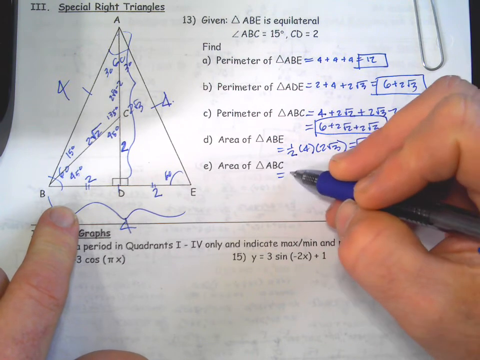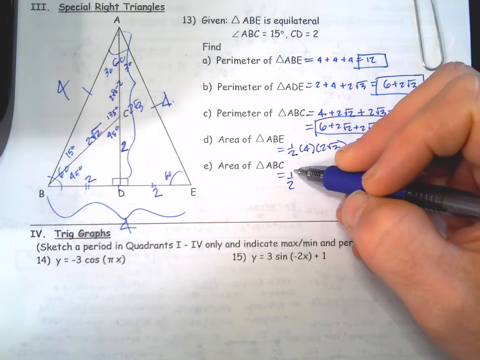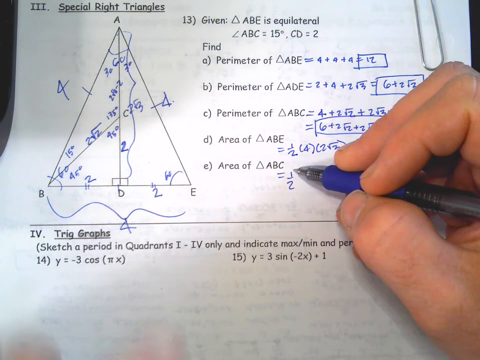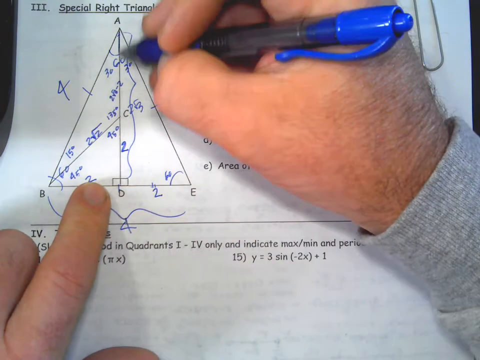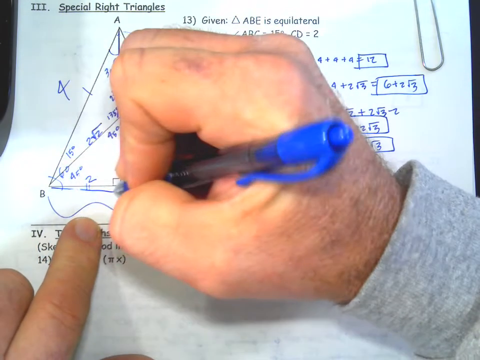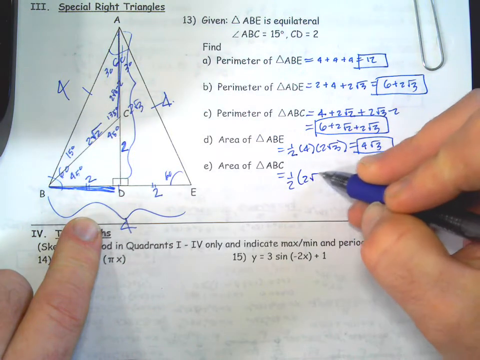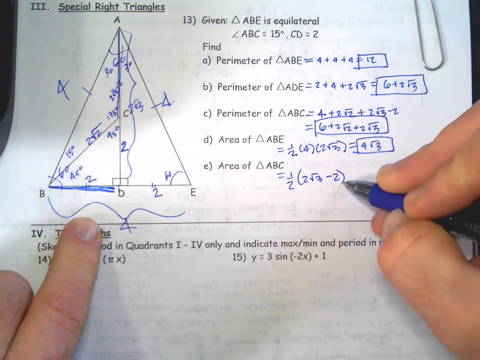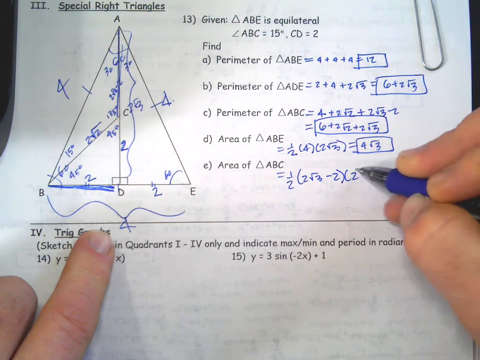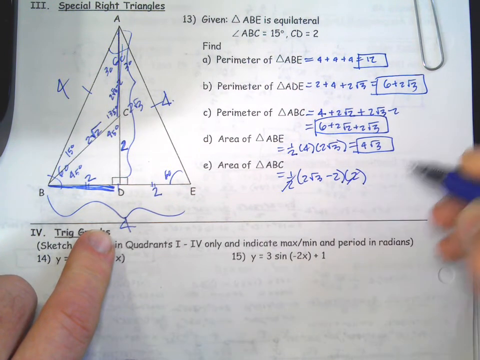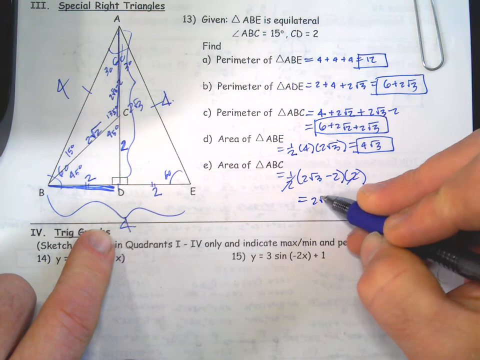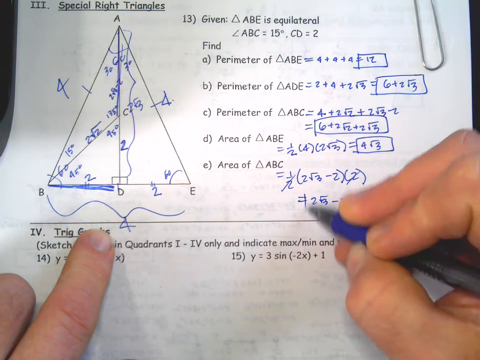So, let's see. Can we use one of those? Okay, what we could do is we could say this is the base and then this is the height. That's what I would do. That'd be the easiest. So the base is 2 root 3 minus 2, and the height is 2. So the 1/2 and the 2 cancel, and we get 2 root 3 minus 2. That'd be the easier way.